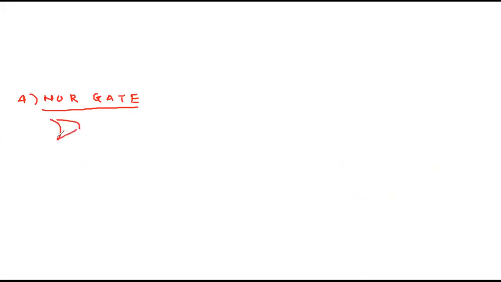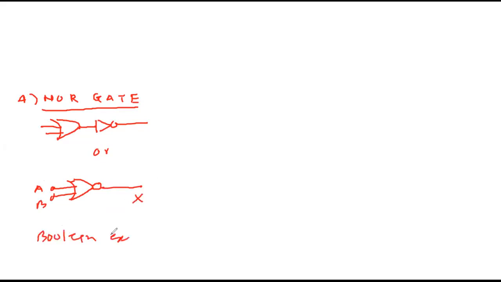It is an OR gate connected with NOT together. Either it is represented this way, or there is a circle at the vertex that indicates inversion. So this is its symbolic representation. Boolean expression is X equals (A plus B) complement.